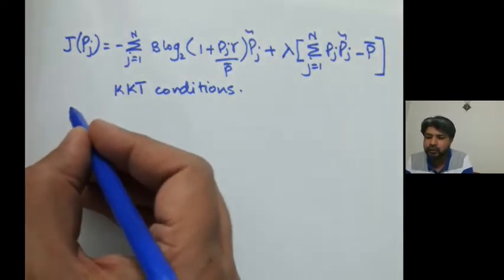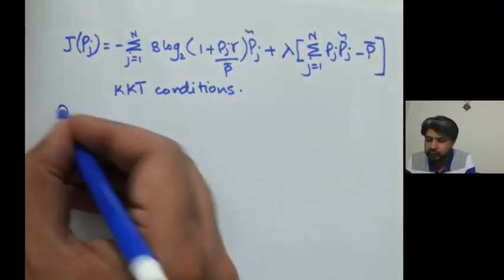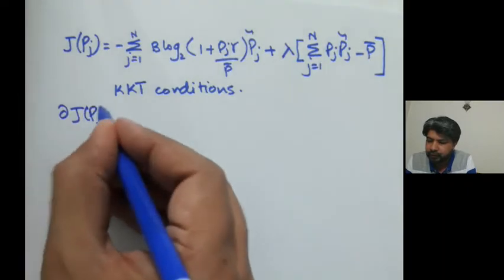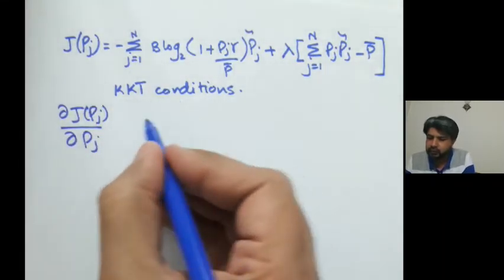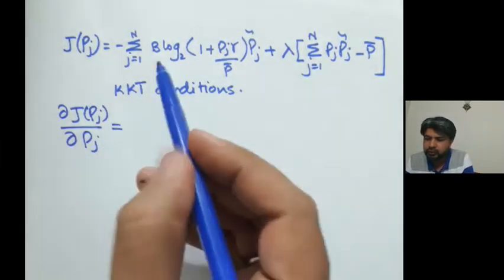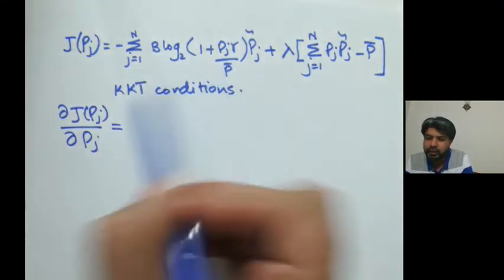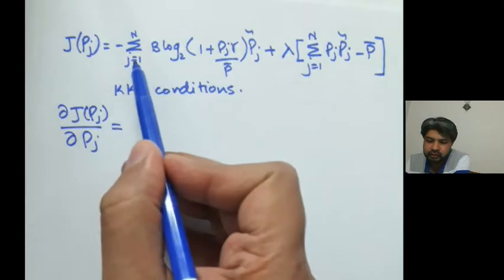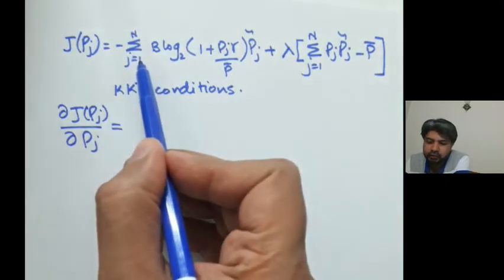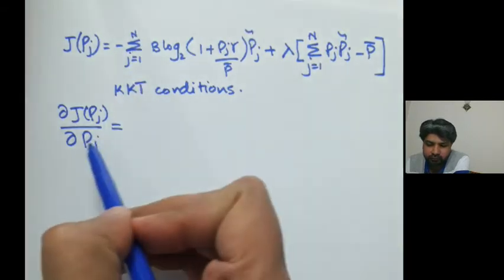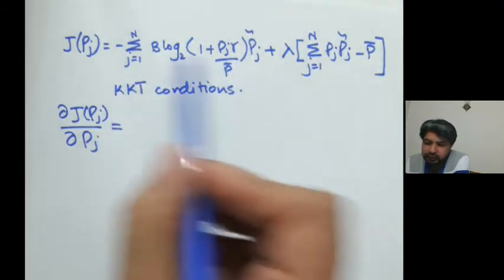So let's try to take the derivative of this function with respect to Pj. Remember you're talking about one particular j, where this j is taking values from 1 to capital N. For all other values of j other than this particular value, the derivative would be 0.